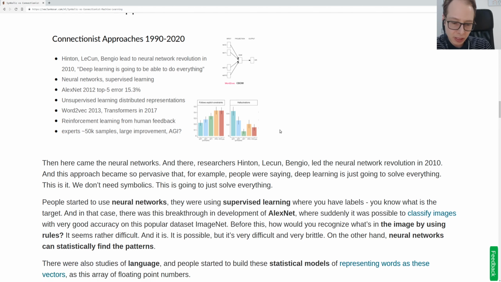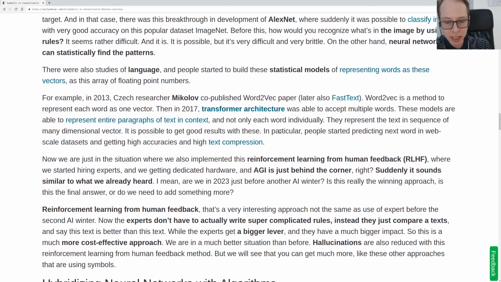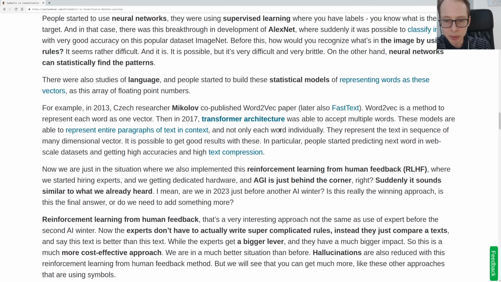And so now OpenAI is hiring experts, and people are building dedicated hardware, and AGI is just around the corner, right? I think you've heard that somewhere before, right?